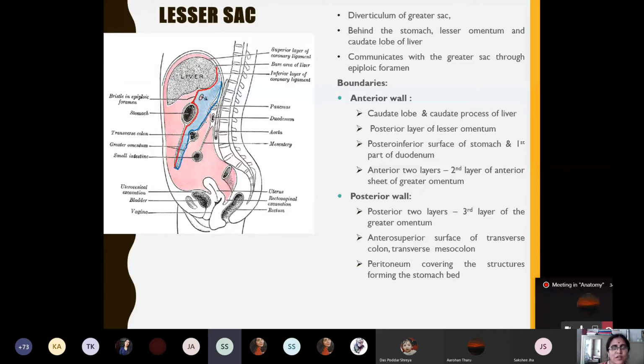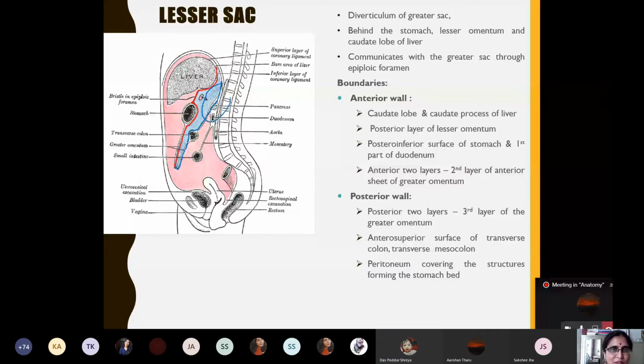Posterior. Very good. Can you enumerate the structures forming the posterior boundary of the lesser sac from superior to inferior? Transverse colon. No, transverse colon is there, but please say it in order, as they are present in our body from superiorly.